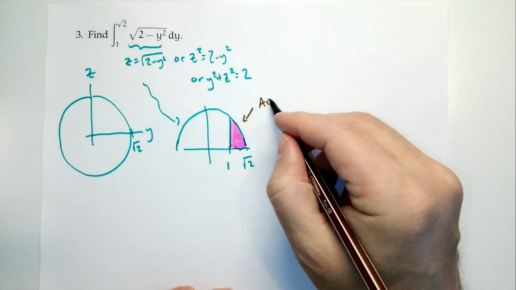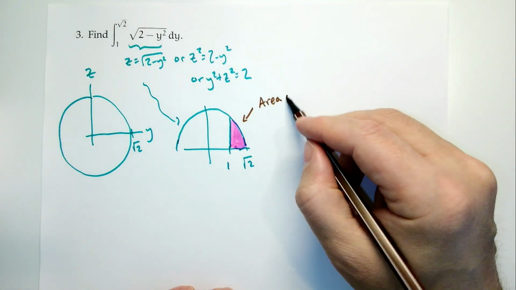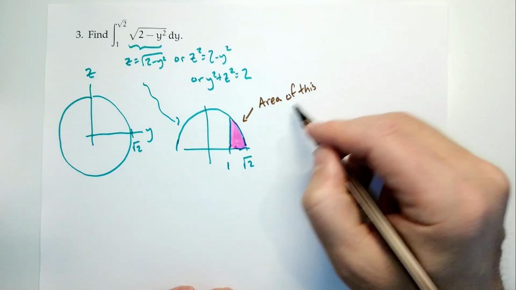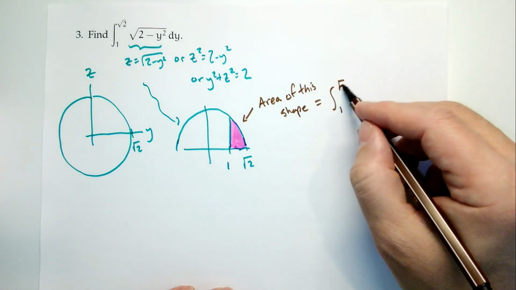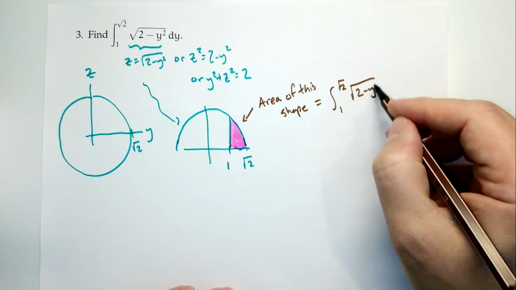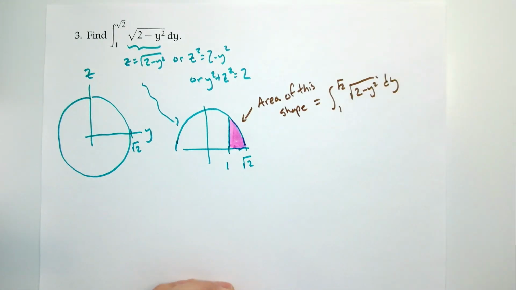So the area of this shape is equal to the integral from 1 to root 2 of the square root of 2 minus y squared. All right, so we've transformed our problem into a geometric one. What's the area of this particular shape?